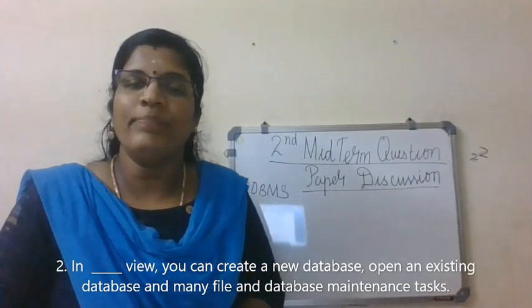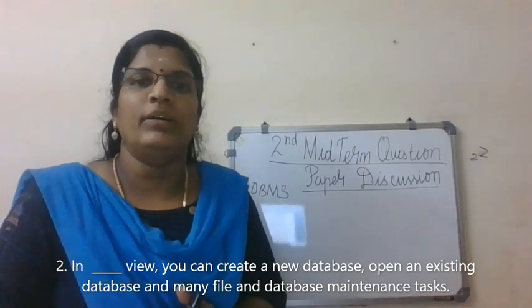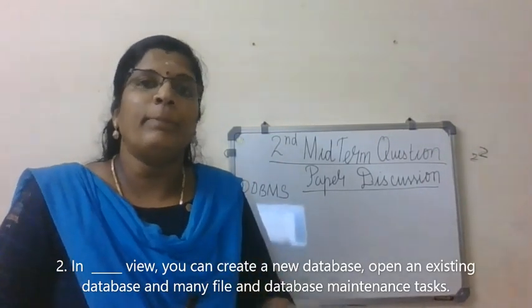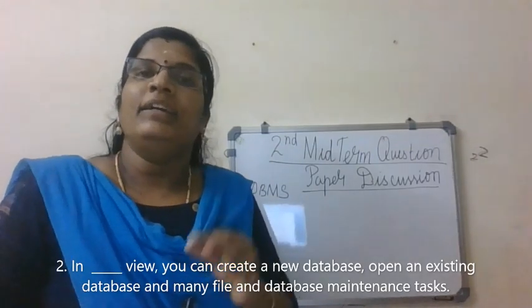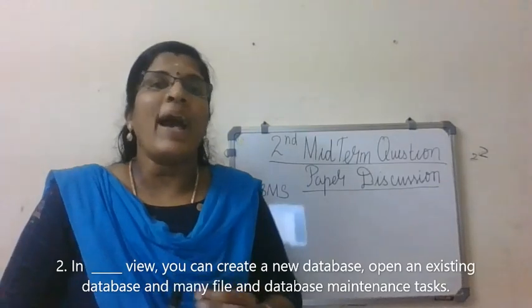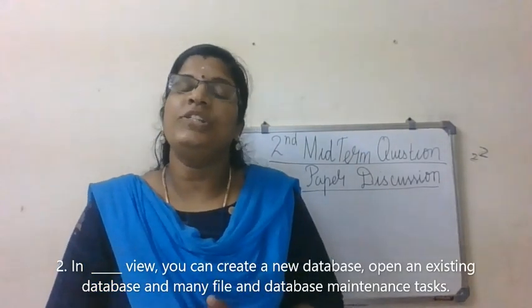Do you get the idea? Normally this will be from the File tab, to create a new database, save, open, print, preview, everything. But in the latest version, the view is called Backstage View. The answer is Backstage View.